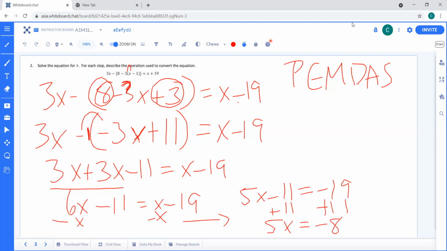Is that right? Oh, no, that's not right. I knew that wasn't going to be right. This should have been a plus down through here the whole way. My pen failed me again. So if I do that, that equals 30. I like that better. So x is going to equal 6.